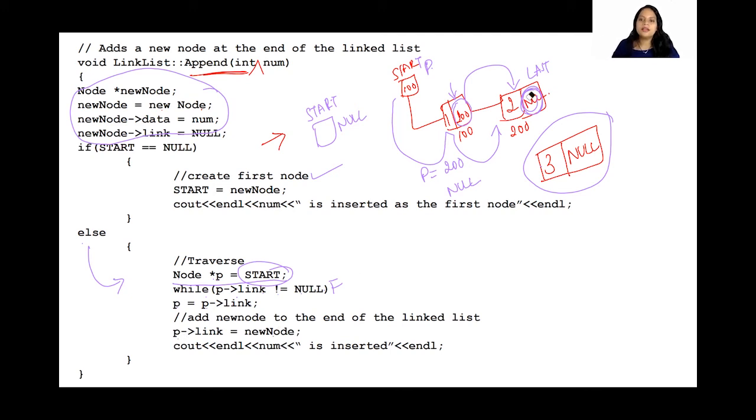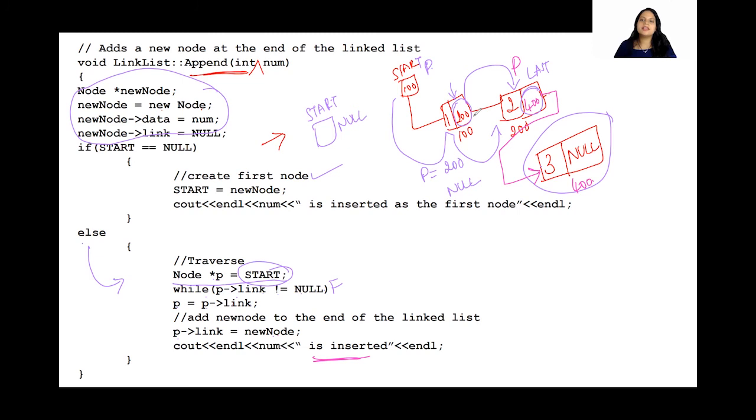So here in this link, I'm going to put the address of the new node. Suppose 400 is the address. I'm saying P link is equal to new node, which is nothing but the address of the new node. Since my P is here, the link of that particular node is the address of the new node, right? Now I'm saying it is inserted. So when I say 400, automatically this is going to get linked.